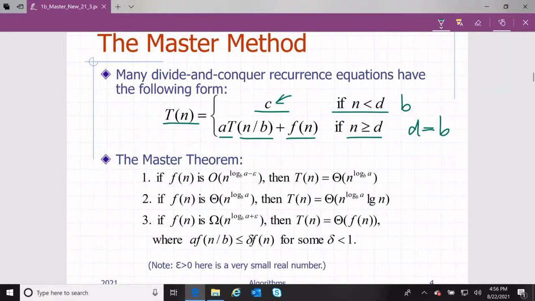Now, let's go through each statement of this theorem. First, we can do a little bit of explanation of the notation. Big O here means at most.